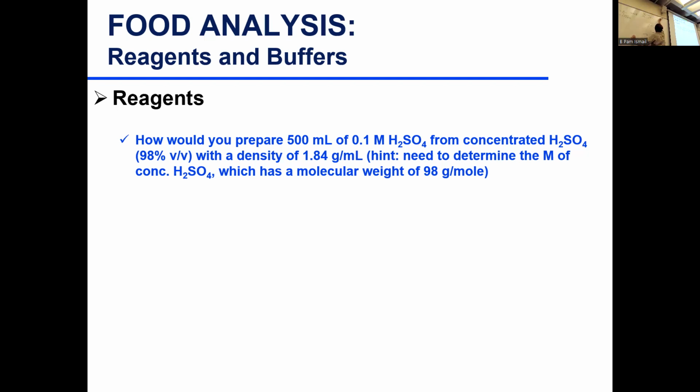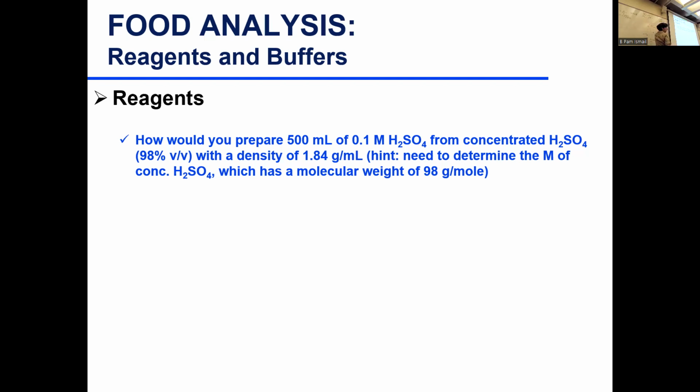Remember, density equals mass over volume, so if I multiply my volume by the density, I get the mass. My density is 1.84 grams per mil, and the volume is 98 milliliters.